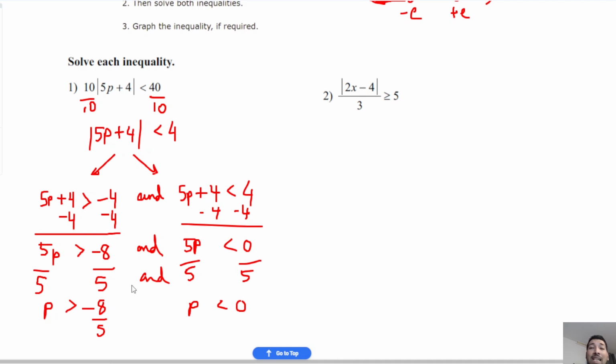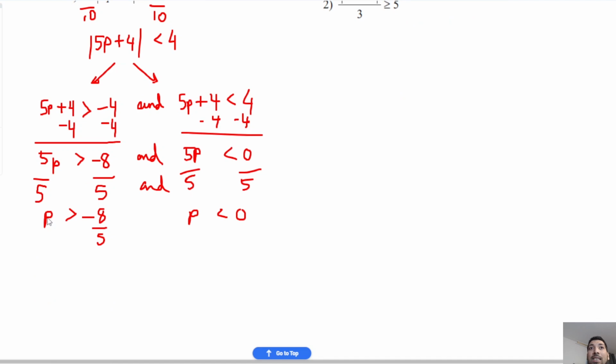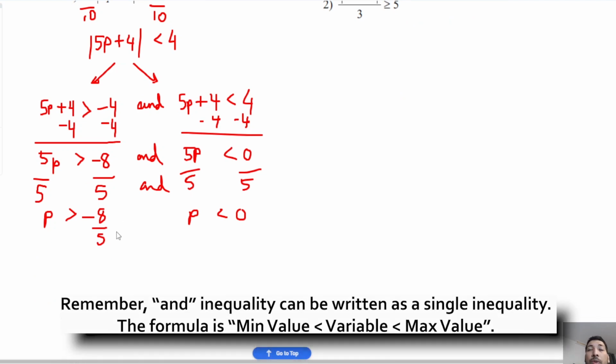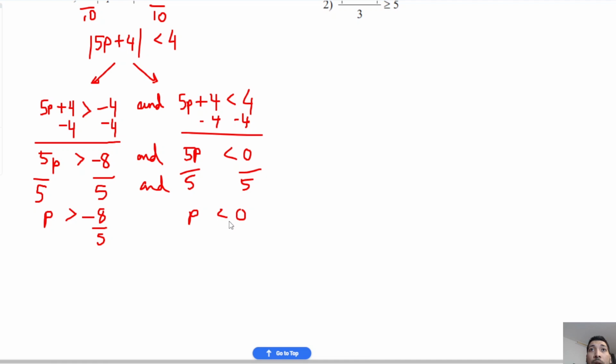Since we know that this is an and inequality, there is an overlapping region, so now that we have solved these two inequalities, we can rewrite this as a single inequality. To rewrite this as a single inequality, I need to reverse the one with the lowest value. Here we have -8 over 5, and here we have 0. We know that -8 over 5 is the lowest value, so we just reverse this one by swapping the sides.